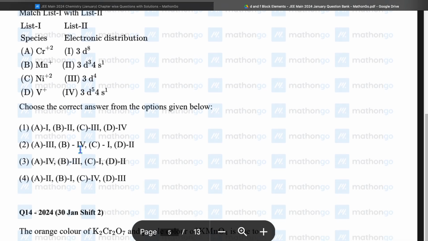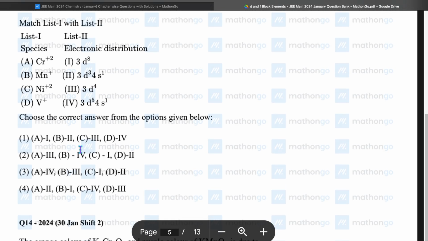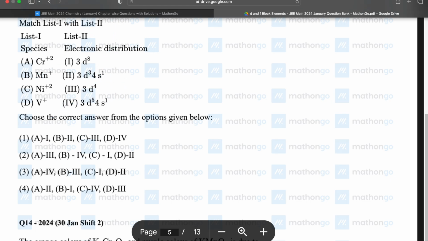Chalo, question number 13th. We have to match these ones. చేయండి అమ్మ, మ్యాచింగ్ చేయండి.